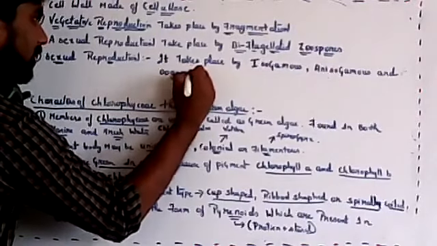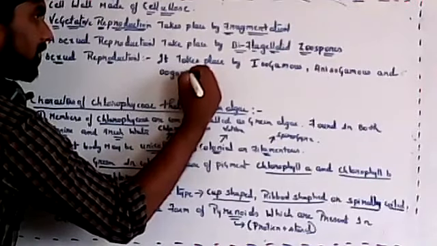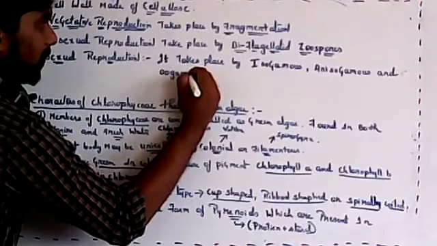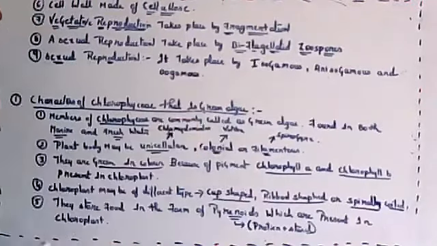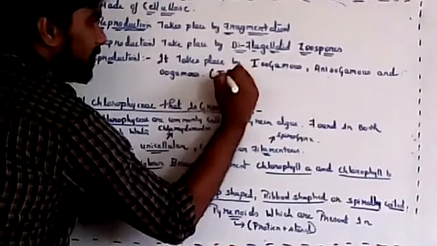Both are the same: isogamy, anisogamy, oogamy, or you can write isogamous, anisogamous, and oogamous. Don't get confused.